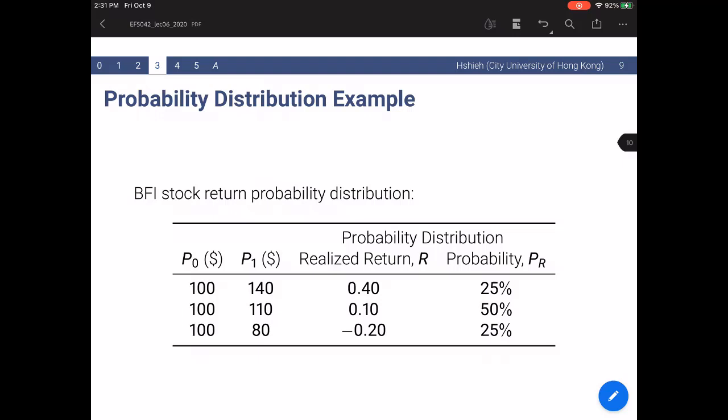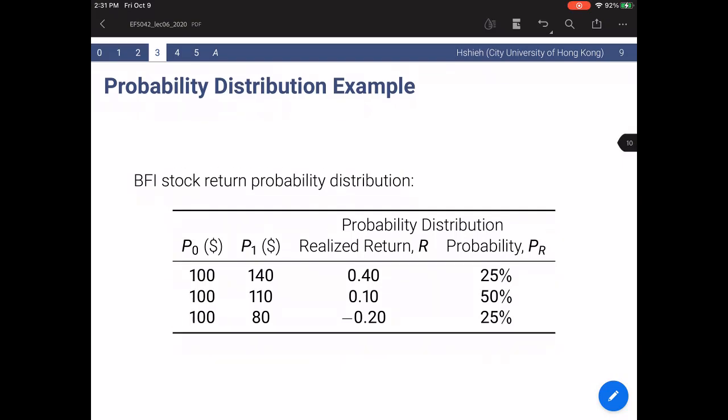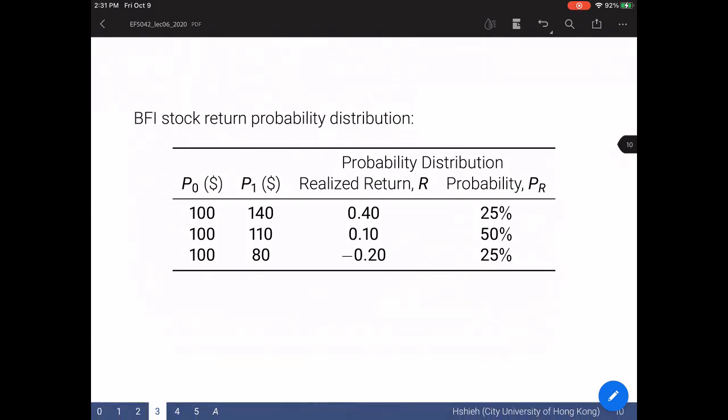So let's look at this table, right? In the first column, we have the assumption that this stock at time 0 has a price of $100. In the second column, we presume that this price has 3 different possible outcomes. The price today can change to a price of $140, $110, or $80.